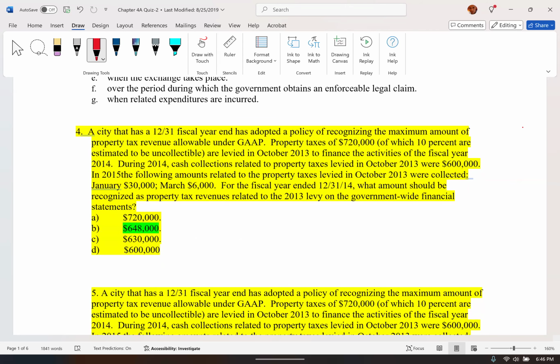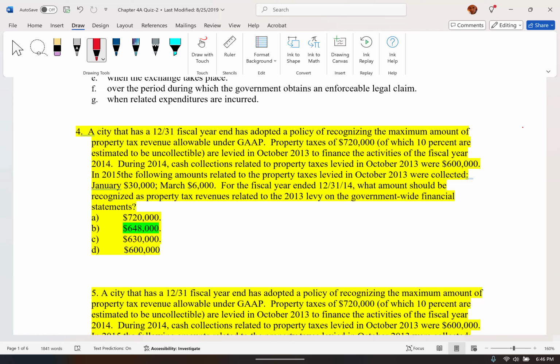Where we start getting a little more interesting in these couple questions here, you can see that the city has a 12/31 fiscal year end and has adopted a policy of recognizing the maximum amount of property tax revenue allowable under GAAP.